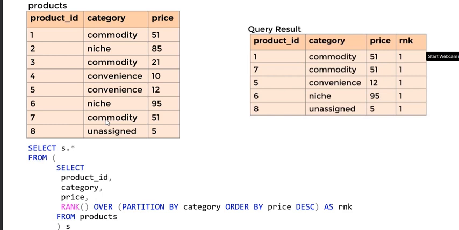To summarize, we calculated the rank for each row in the subquery, and then in the outer query we have rank equals 1 to keep just the highest price products in each partition.